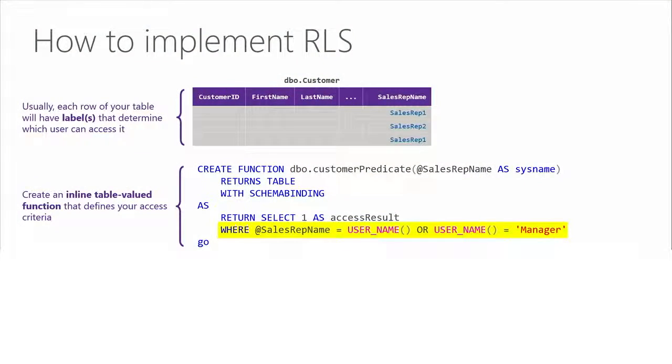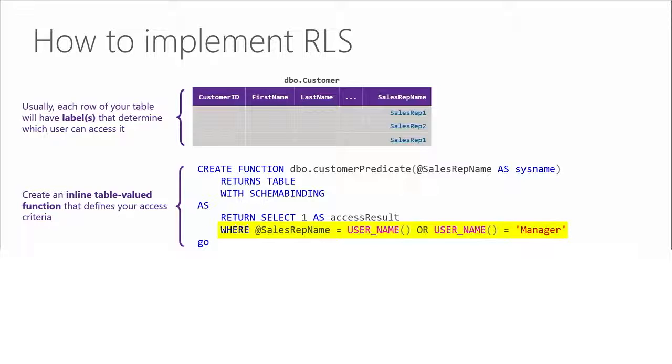In simpler terms, wherever this highlighted predicate evaluates to true, the row will be visible. So our logic in this case is where the sales rep name for a particular row matches the username of the current user executing the query, or if the current user executing the query is named manager, then they will be able to see the row.